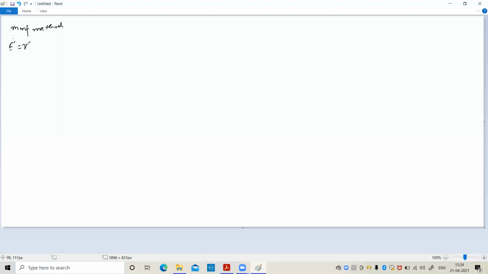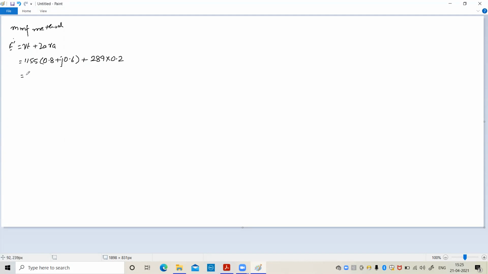E dash is equal to VT plus IA RA, which is 1155 into (0.8 plus j 0.6) plus 289 into 0.2.